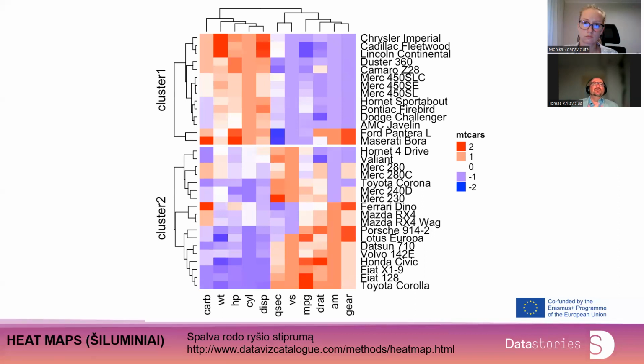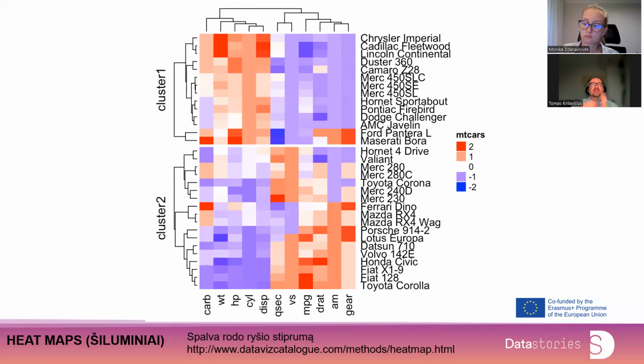And the next visualization is more colorful, and here, of course, you can have two or more dimensions, and again, you see relation between different values. It's the so-called heat map. And in heat maps, color shows the strength of relation.